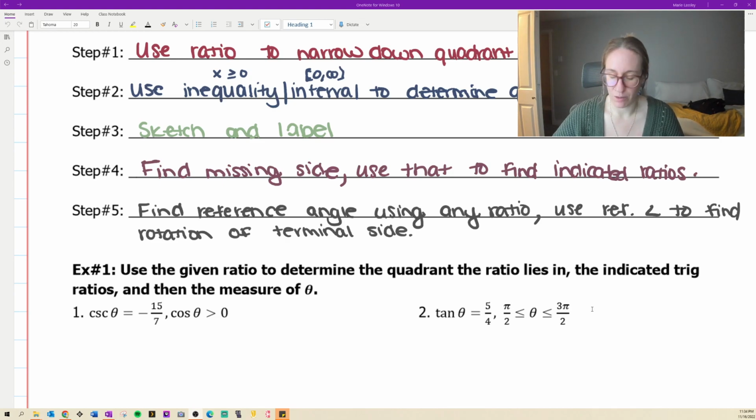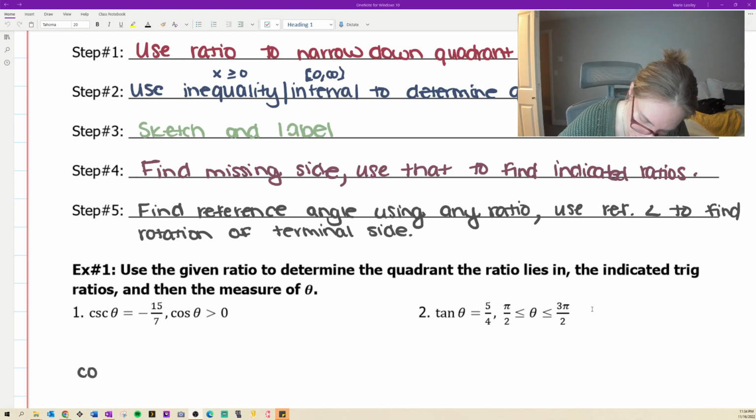All right, so here we go. I am going to finish making these problems really quick. So for the first one, let's say we want to find cosine theta and cosecant. No, we already got cosecant. Cosine and tangent, sure. And then we want to find our theta.